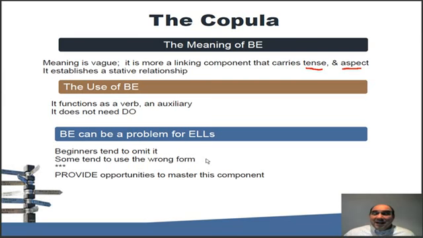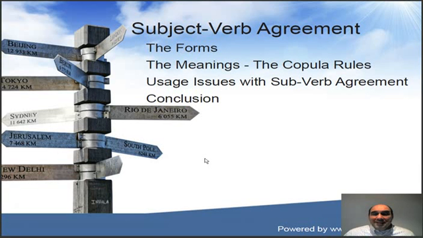I don't know if you've ever been in a class where you've been discouraged to do something. You want to encourage your students to try and practice and get involved so that they can learn. The more interaction they have, the more noticing opportunities they'll have, and the better their language should become. So provide opportunities for them, especially with these two or three primary rules with regard to the copula and also subject-verb agreement.